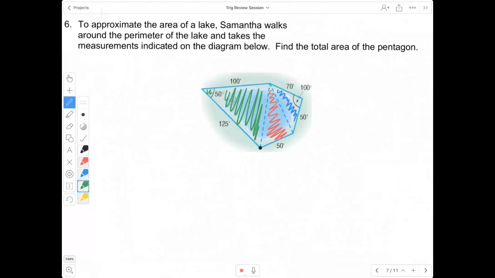For the green zone, the area could be given by area equals 1/2 BC sine angle A, such that area would be 1/2 times 100 times 125 times the sine of 50.